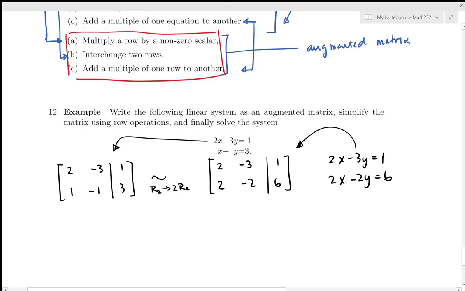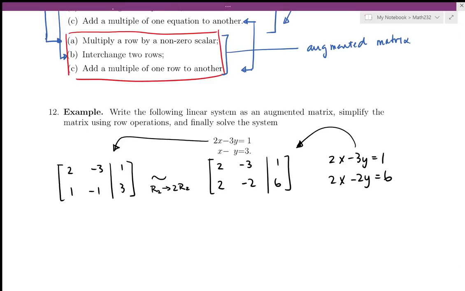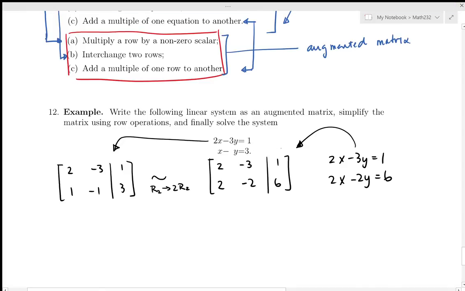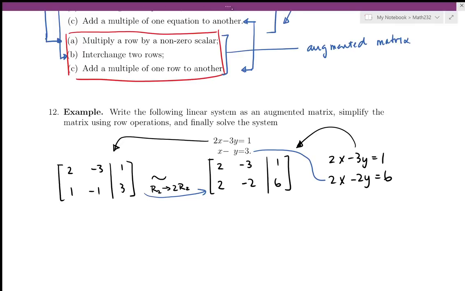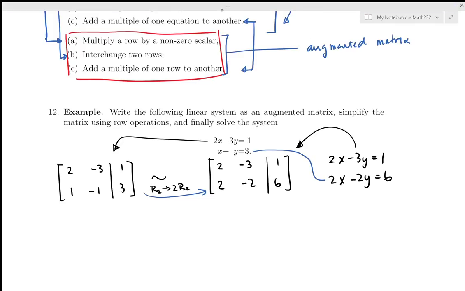And you can see that going from here to here is multiplying by 2, and going from here to here is multiplying by 2. Okay, am I making any headway in solving this thing? Let's see.